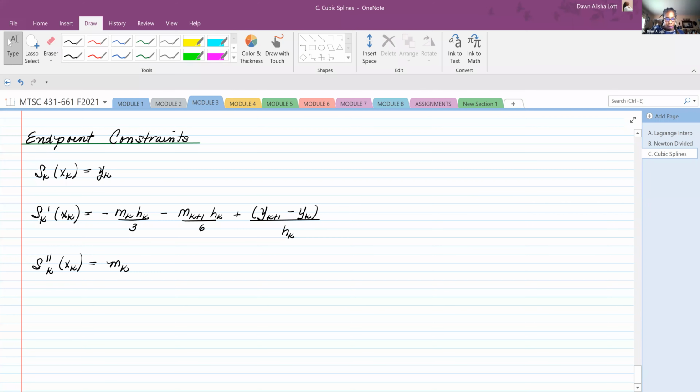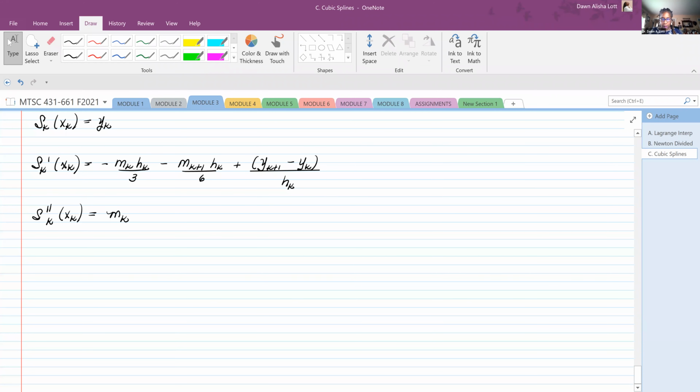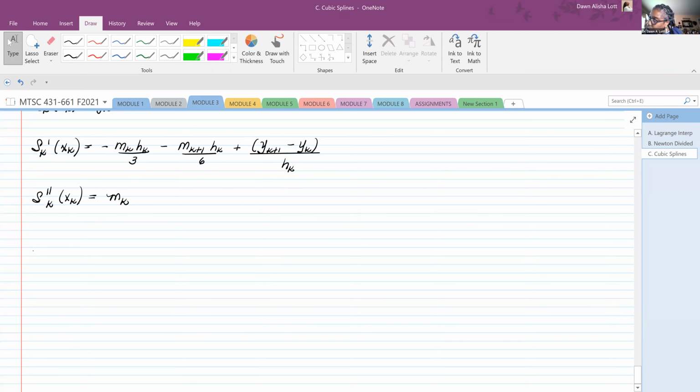All right. So there are two types of cubic splines that we can talk about. The first one we want to talk about is a clamped cubic spline. Okay.